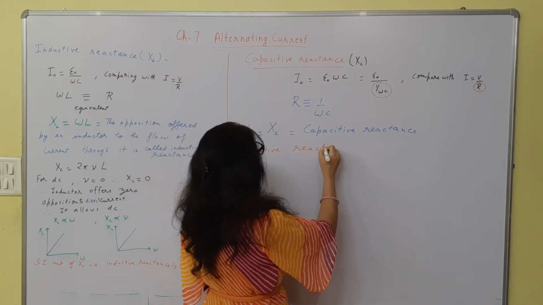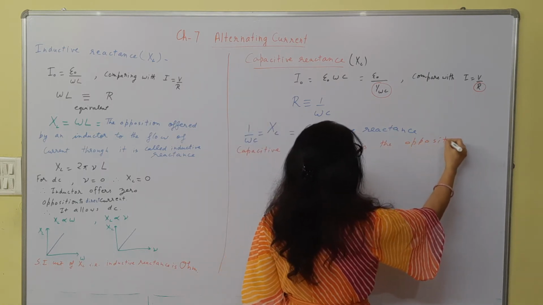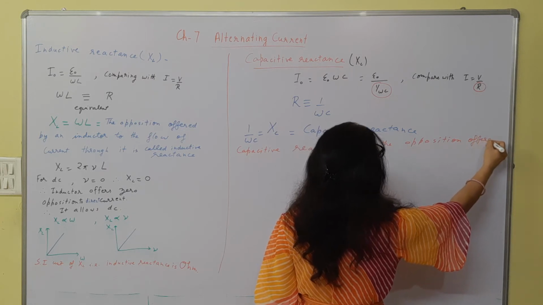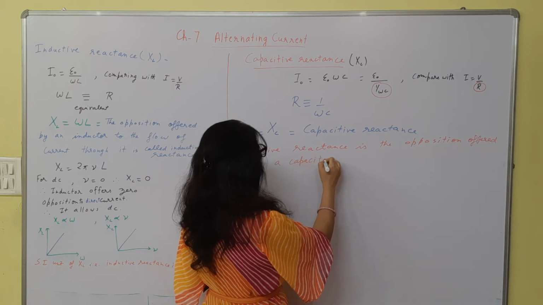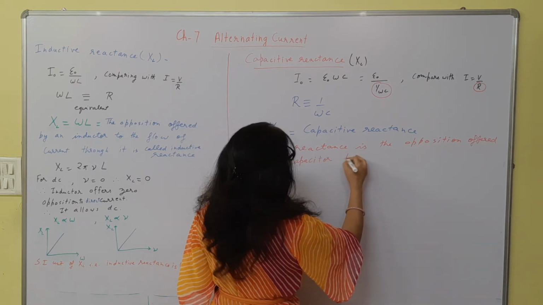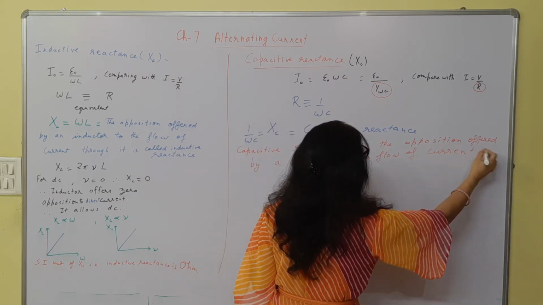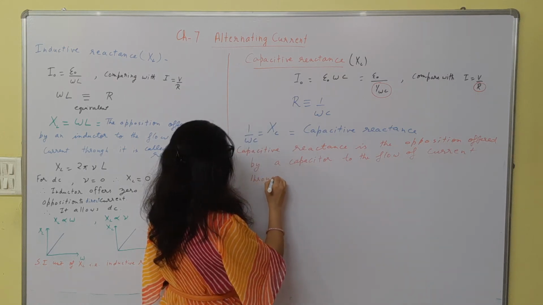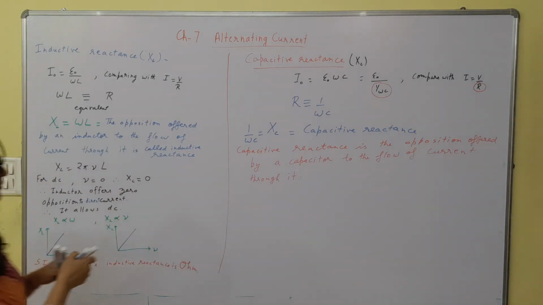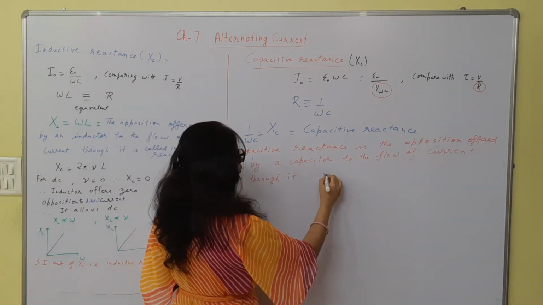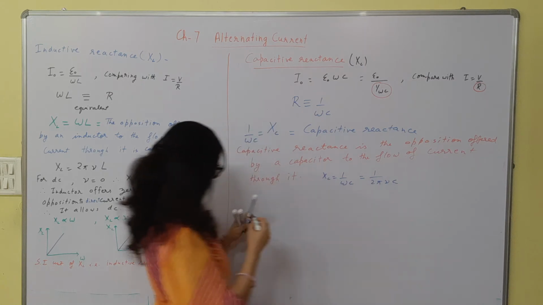Capacitive reactance is the opposition offered by a capacitor to the flow of current through it. And we have already written that XC is 1 by omega C, so this can also be written as 1 by 2 pi nu C.